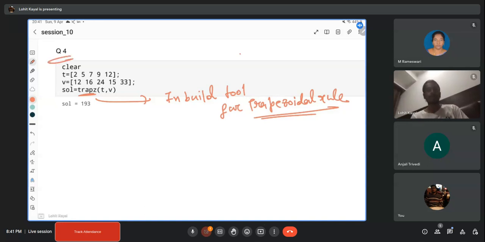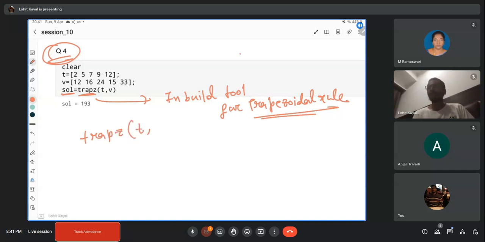This is the same example where we have already solved it by hand for question 4. Here you are given data points, and the delta t is not constant. You are given a velocity field. What will be the solution? The solution will just be trapz t, v.